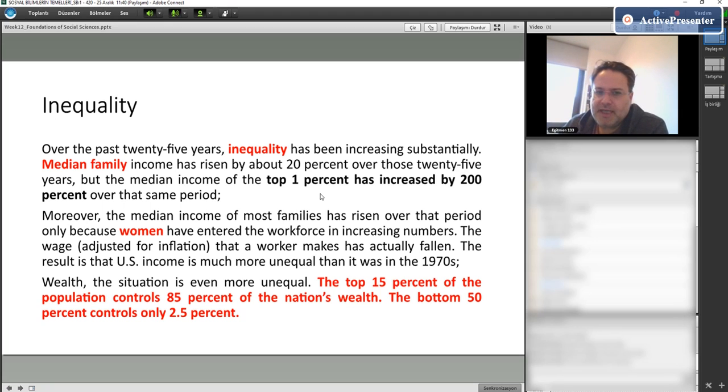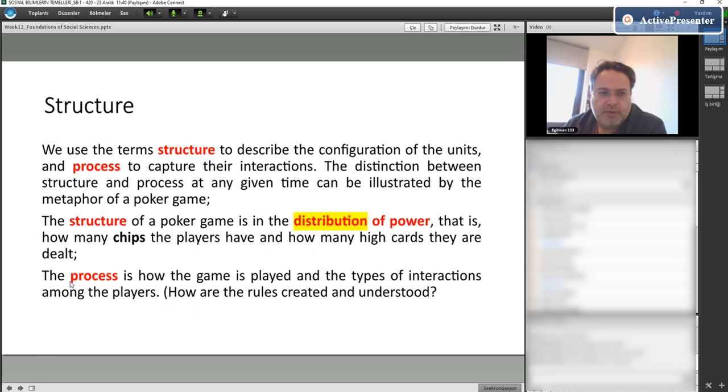When you look at the rest of the people, the median income did not improve for the lower classes, for the people who work in the factories or in the production system. But at the top level, the median income has increased by 200%. That's problematic, and that's inequality, and this is going to be huge.